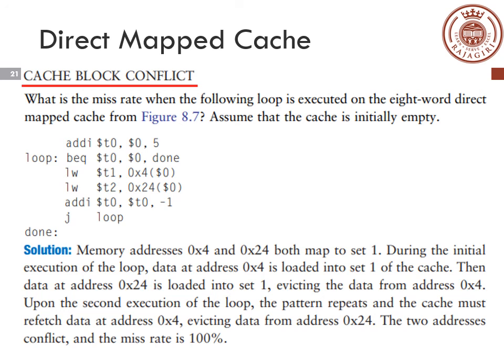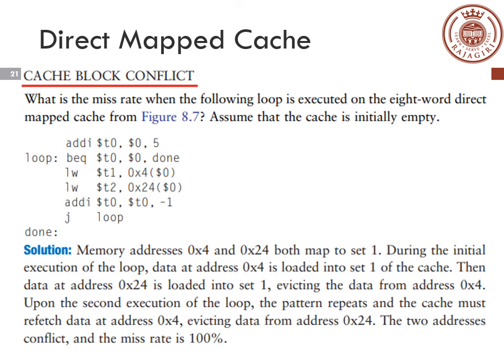Now in the next line you can see that the address is coming as 24. So definitely the data from 24 can only go to set 1, so set 1 will be updated. Now we go to the loop again, and it says LW, and you are taking from 4. Previously set 1 was having 24, so now it has to be updated again with 4.